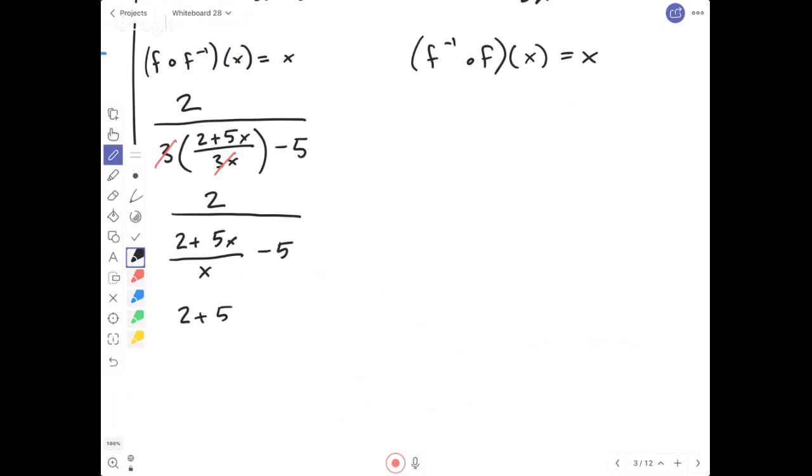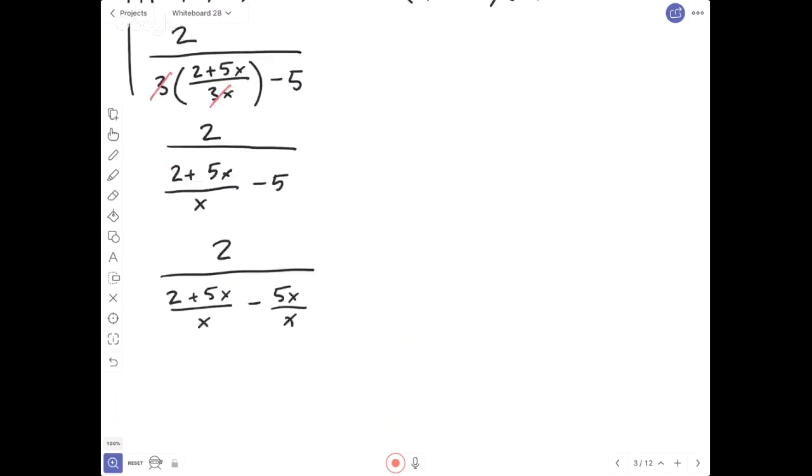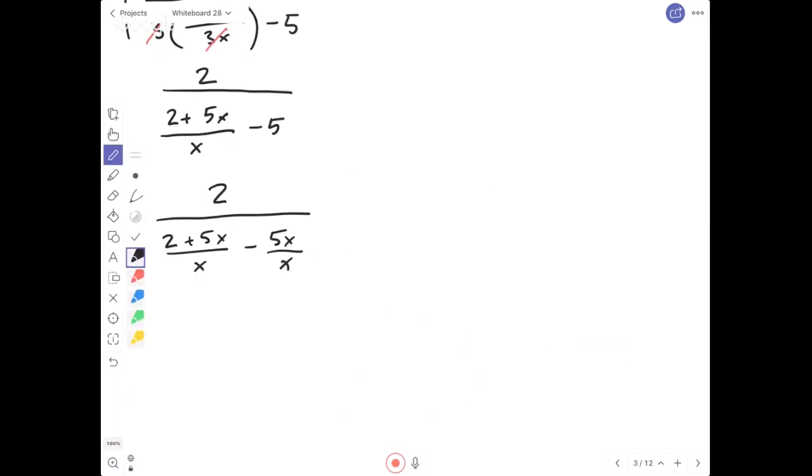So 2 over 2 plus 5x over x minus 5x over x. So 2 over, let's see, 5x minus 5x now cancel.